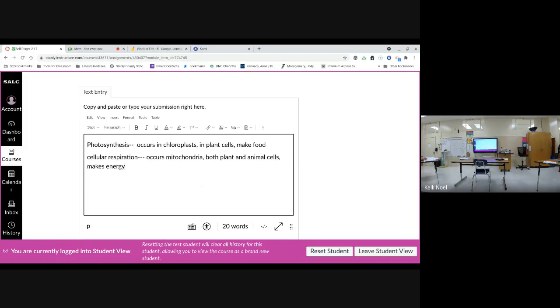We need to understand that energy molecule. So that's what we're going to take some notes on today. And there's a little question sheet after we do the notes that we'll fill in. I think I also have a video about it that you need to watch as well.